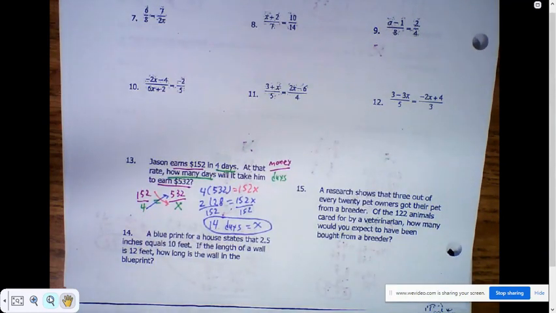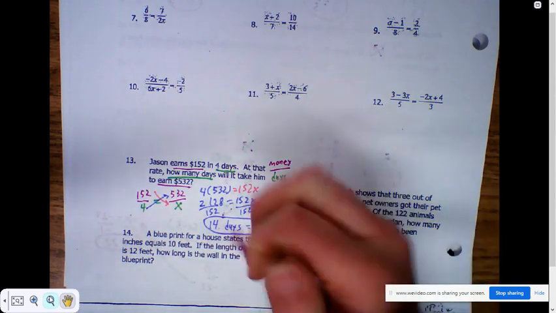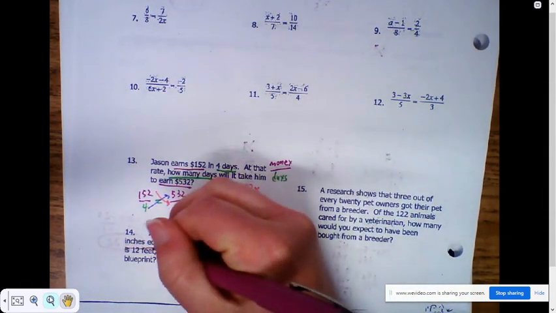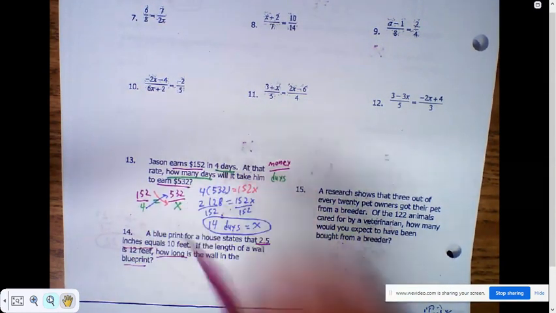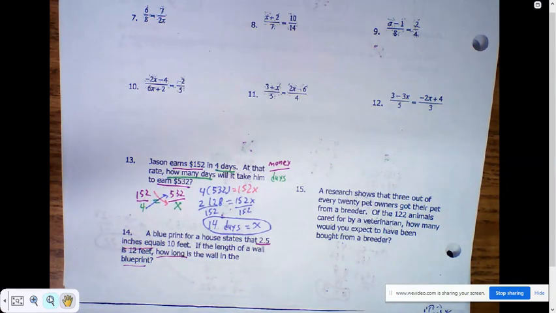A blueprint for a house states that 2.5 inches equals 10 feet. If the length of a wall is 12 feet, how long is the wall in the blueprint? So we have inches and feet here. So we have inches, and that's my blueprint. And then we have my feet.